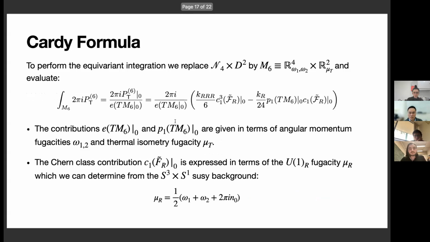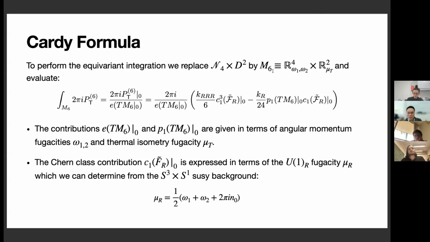Okay, so the catch is that we can then replace the choice of N4 times D2 by a 6-manifold, which is the product of R4 times R2, twisted by this equivariant parameter. And here I really use the values omega1 and omega2, meaning that I'm identifying the equivariant parameters on this space with the fugacities that enter in the definition of the superconformal index.